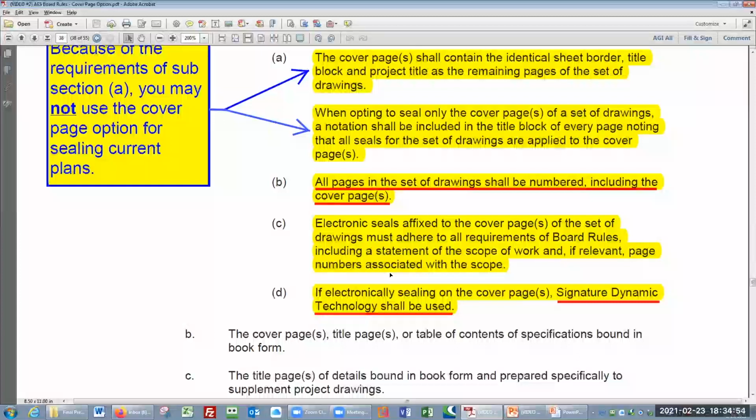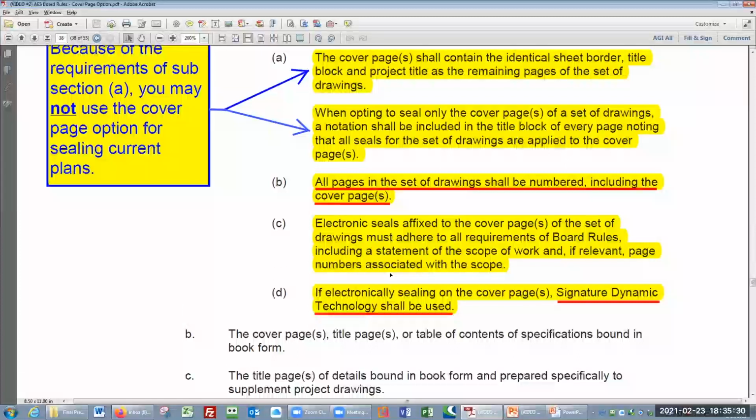So it doesn't specifically say you must cite page numbers, but if there were litigation involved and the plan set were in a court of law, it helps to have a very clear definition of exactly what you're sealing. You can state your discipline and say, you know, I'm responsible for civil work. Well, that's great. I think you can get by with that because it doesn't say you must. It says if relevant. By relevant, it means if it's appropriate in your judgment, you probably ought to include the page numbers.